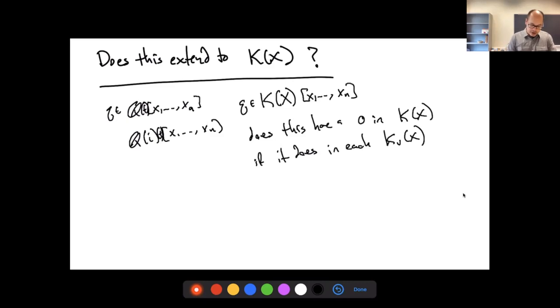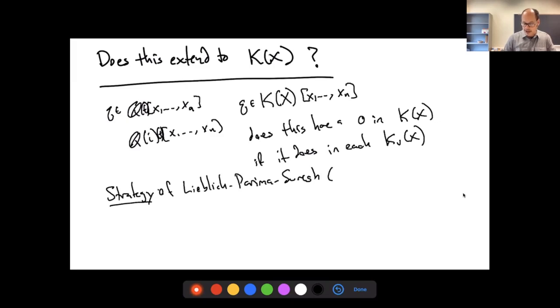So this was the strategy that was used by Max Lieblich, Parimala and Suresh in this very nice paper in Math. Annalen in 2014.